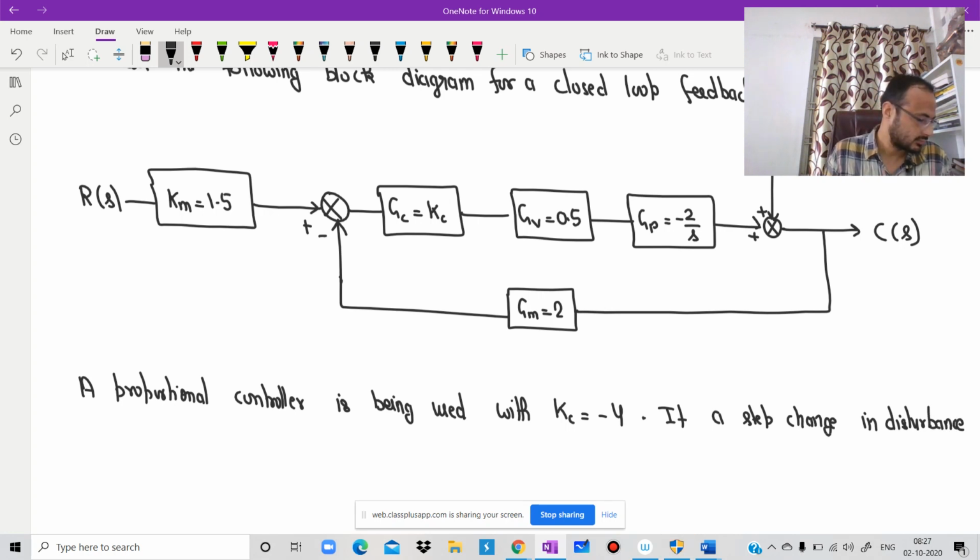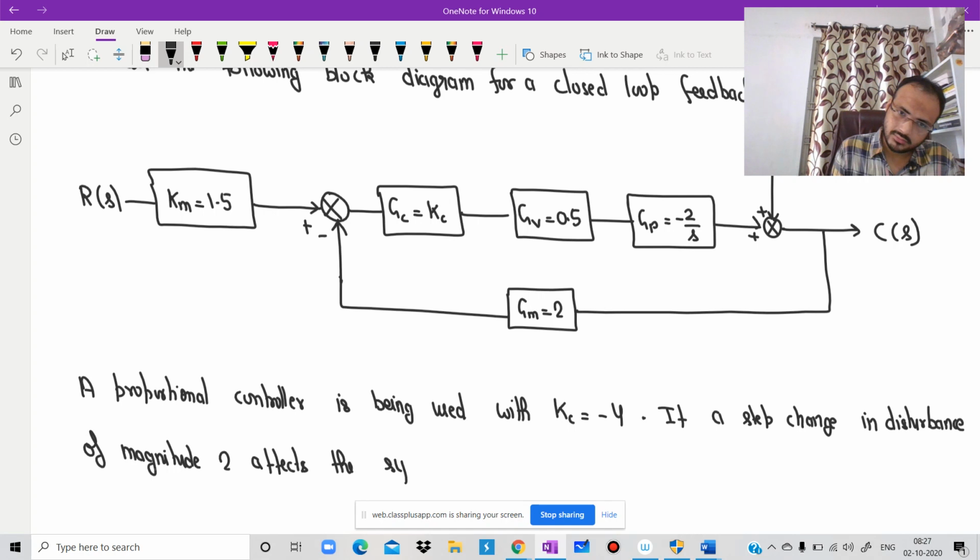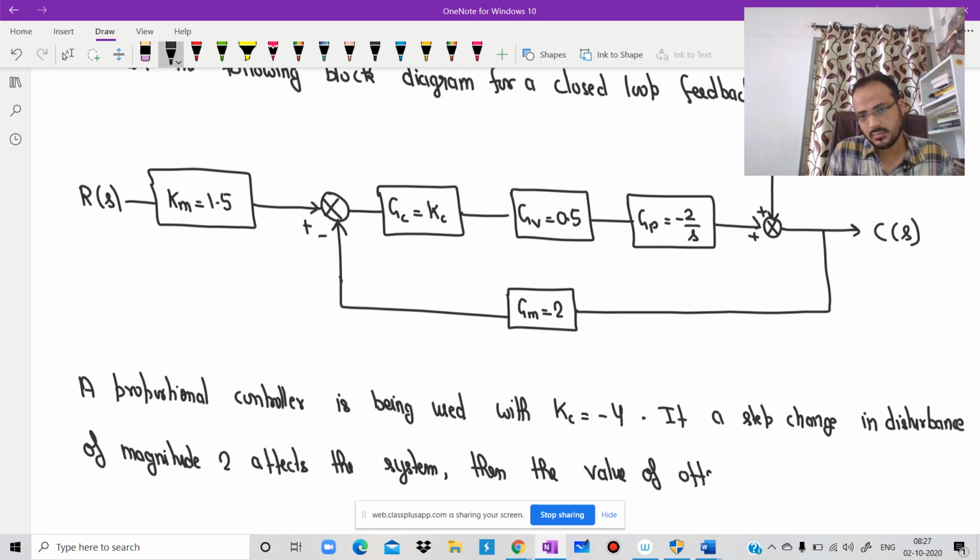Disturbance of magnitude 2 affects the system. Then the value of offset is, fill in the blanks. Again, 2 marks, easy marks if you know the concept.